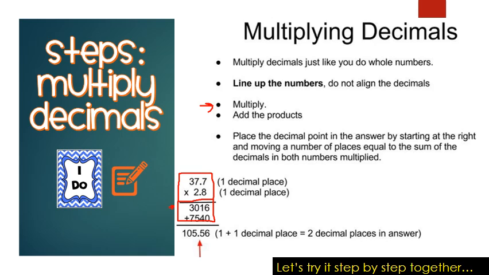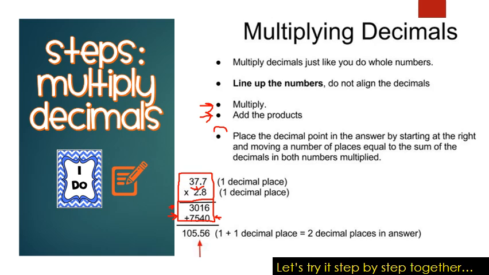That's how we got this top row of numbers. And then we put a placeholder 0 on the second row, and then we multiply our 2 times 7, 2 times 7, 2 times 3. Okay? This is where we're going to add the products. That's what that means.